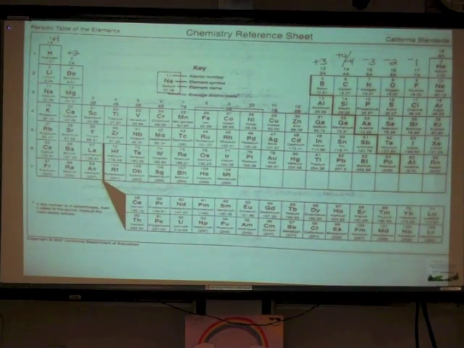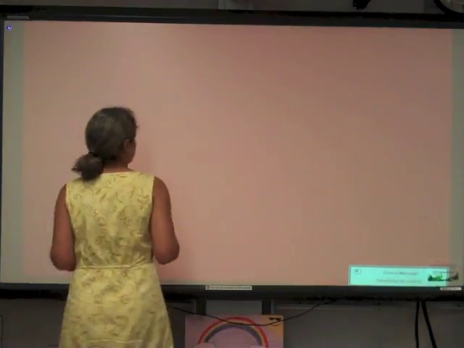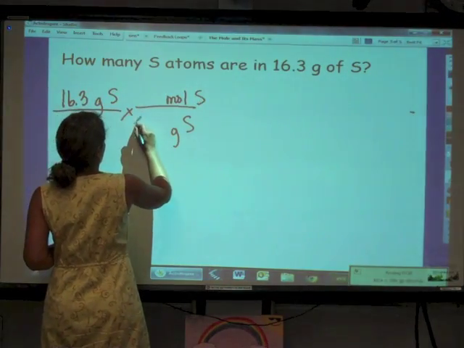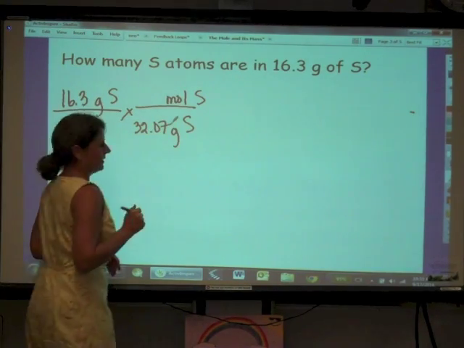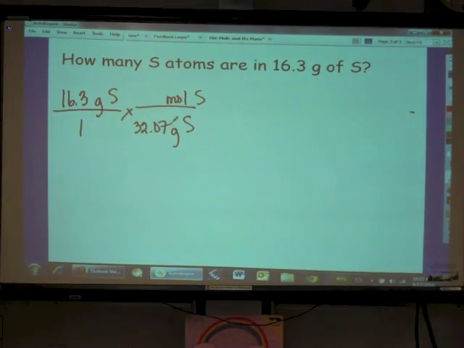And the molar mass of sulfur is 32.07 grams per mole. 32.07 grams of sulfur for every mole of sulfur.